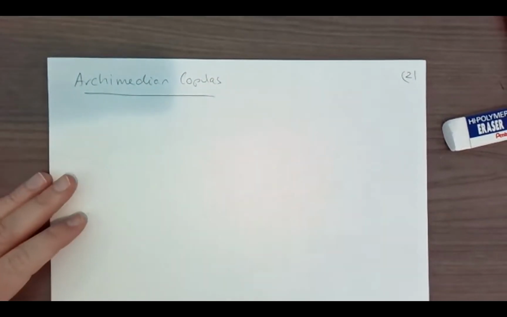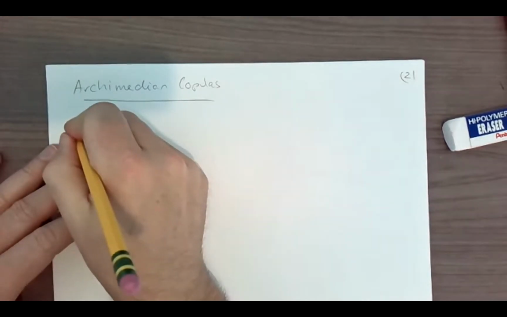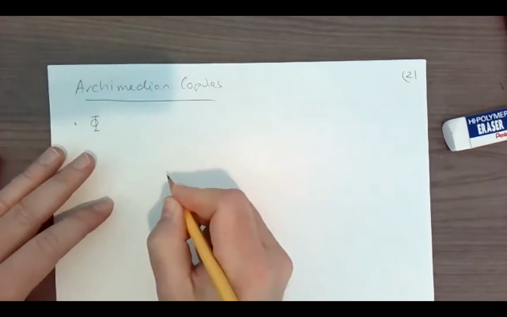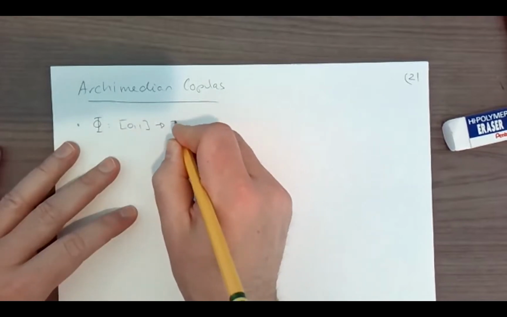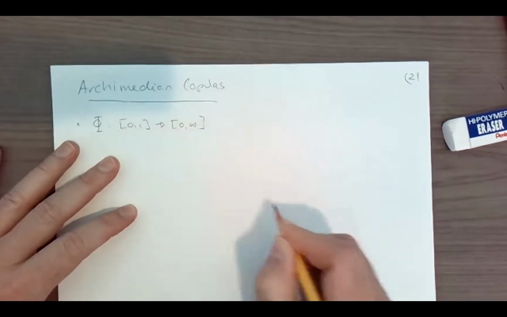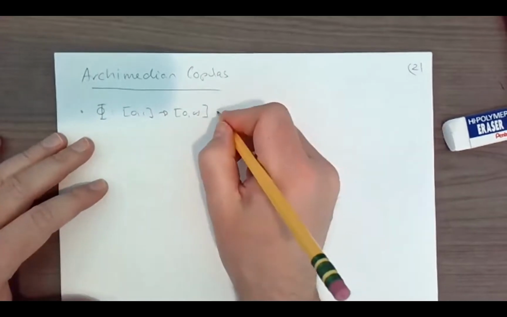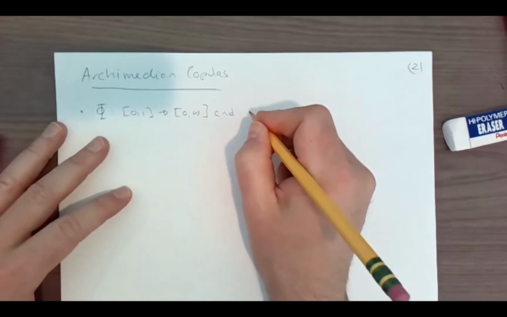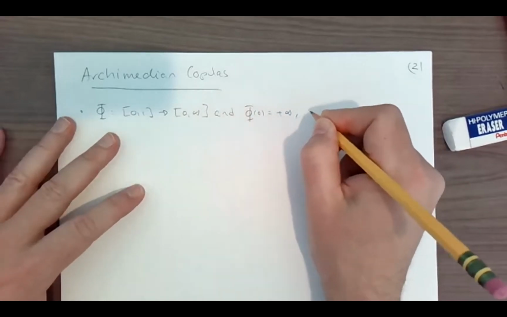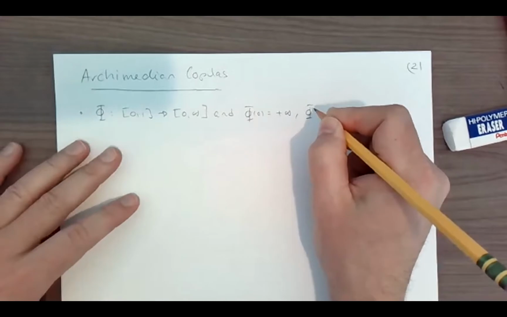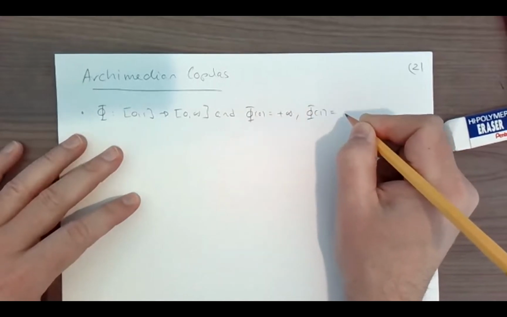Okay, so they're parameterized in terms of a function phi. It goes from 0 to 1 into 0 to infinity. It starts out at infinity, and it ends up at the other endpoint, at the 1 being 0.